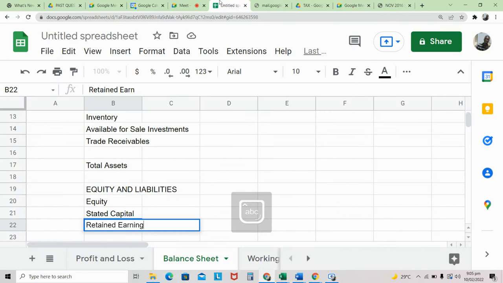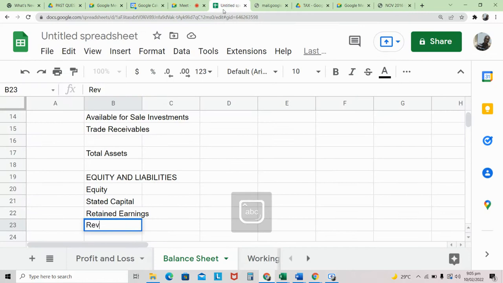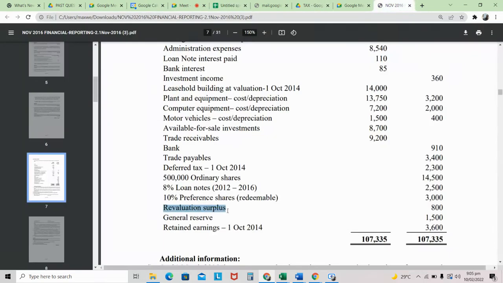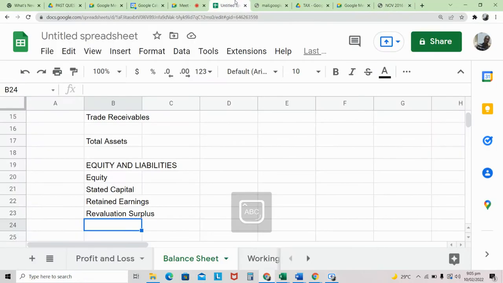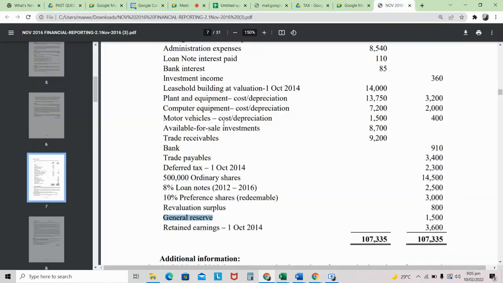What else do we have? Revaluation surplus. It's also an equity item. Then what else? We have general reserve. General reserve is also equity. Is that all? I think that's all.